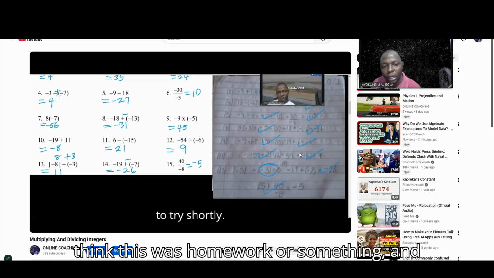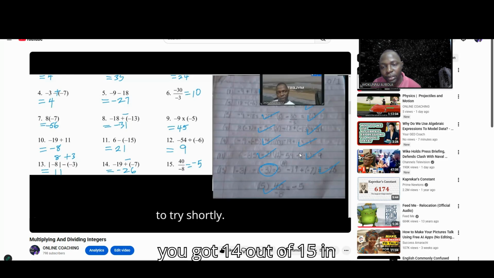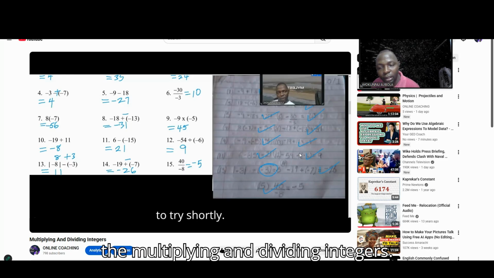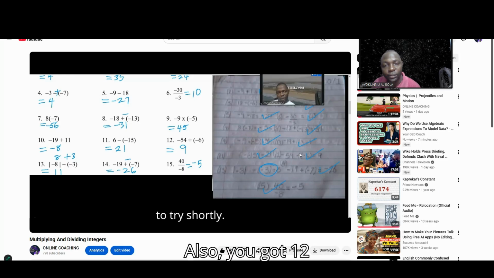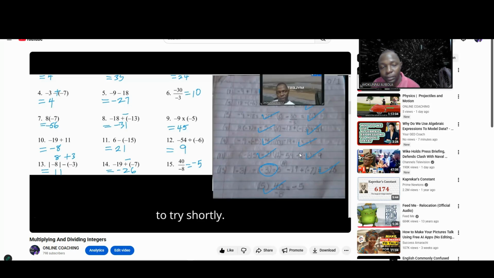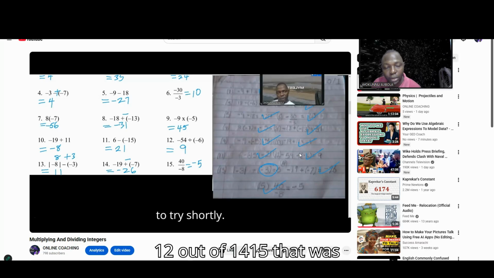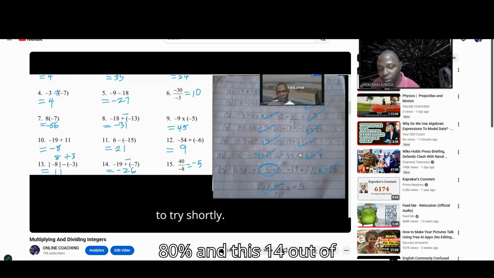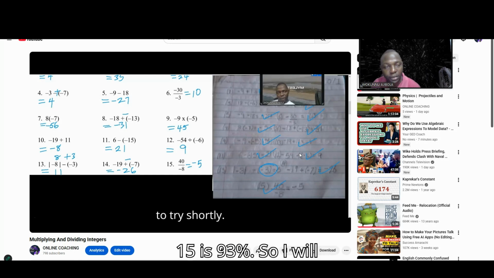And you got 14 out of 15. In multiplying and dividing integers also, you got 12 out of 15. That was 80%. And this 14 out of 15 is 93%.